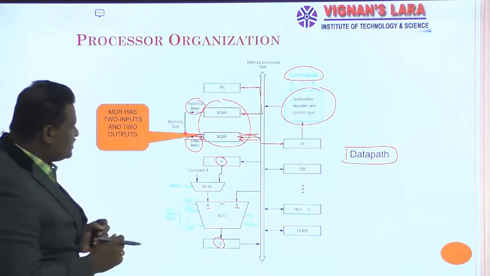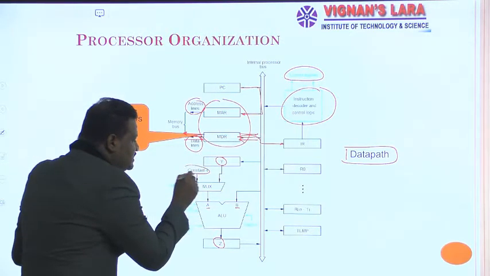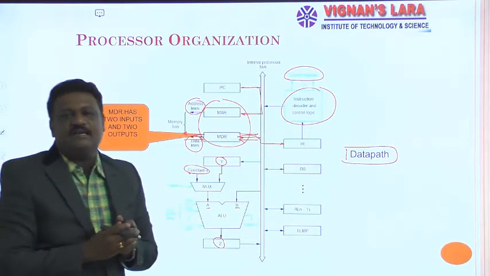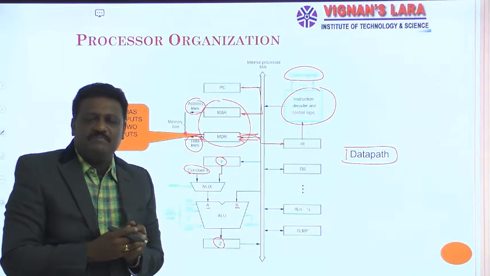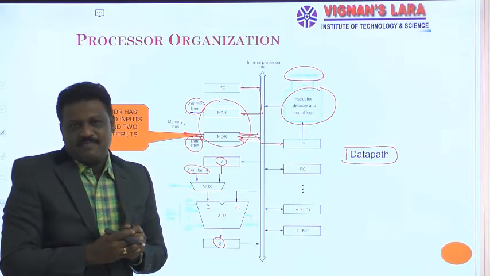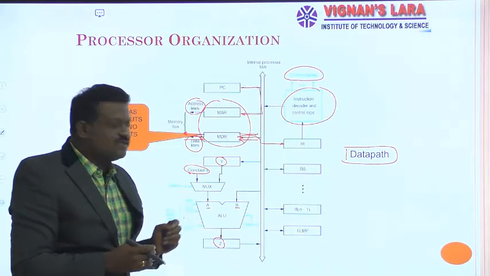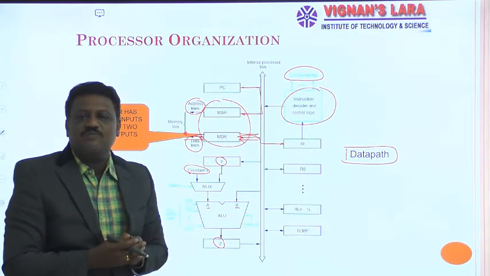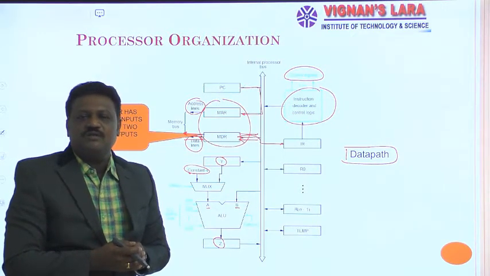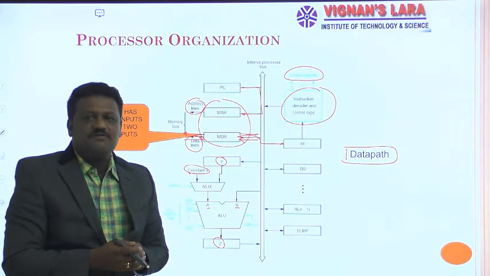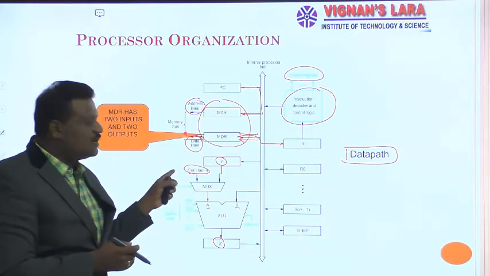But here another interesting thing is, there is a constant 4 which is applied as a second input for my multiplexer, mux. One input for this mux is the output of register Y, which is a temporary register in my central processing unit, and the second input was a constant 4.